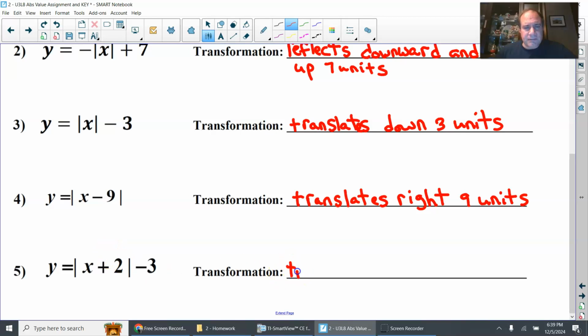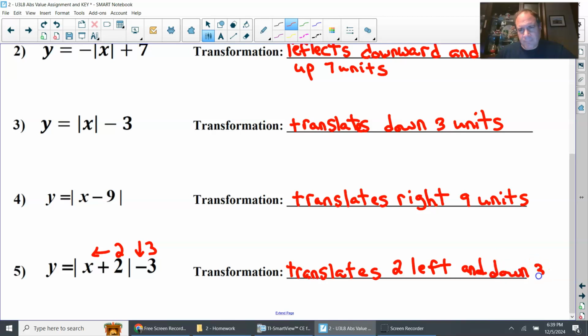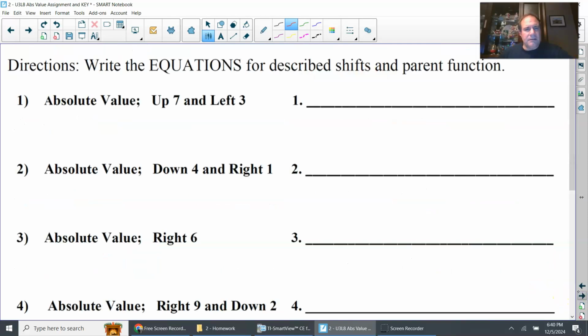It translates two units to the left, and then down 3.